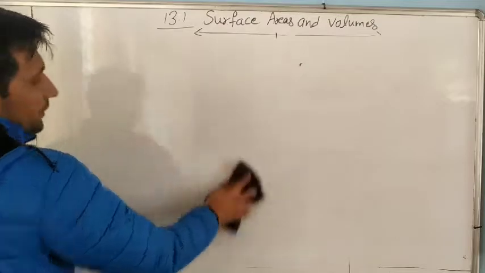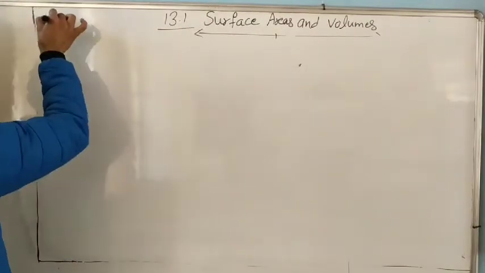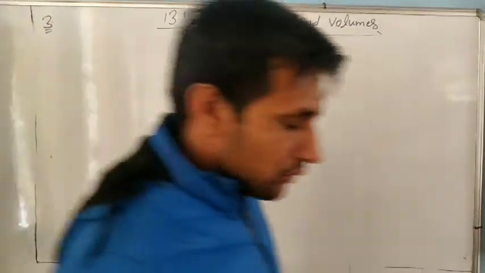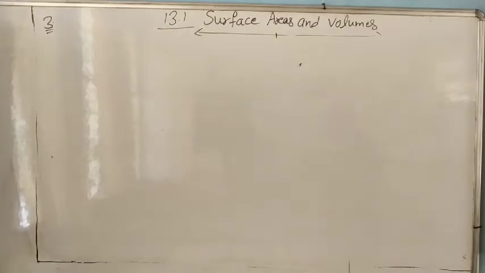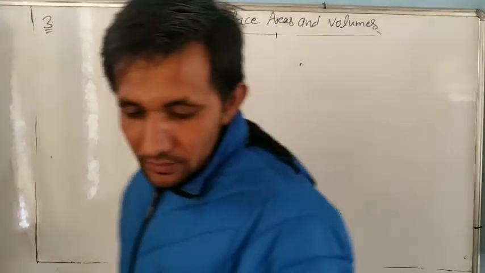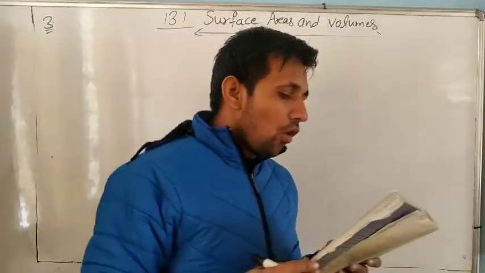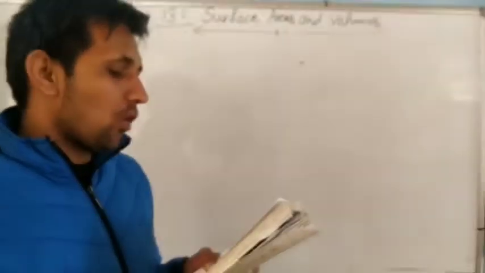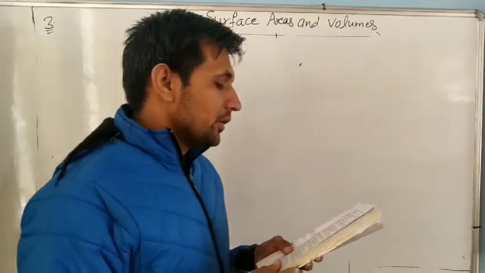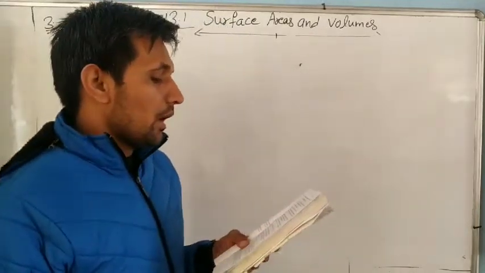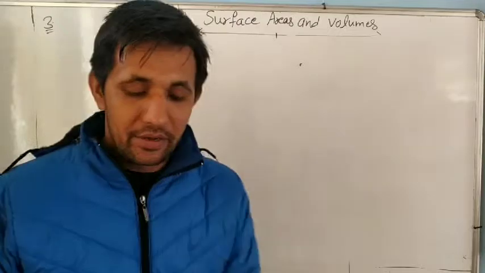Question number 3. Read everyone. The floor of a rectangular hall has a perimeter of 250 meter.